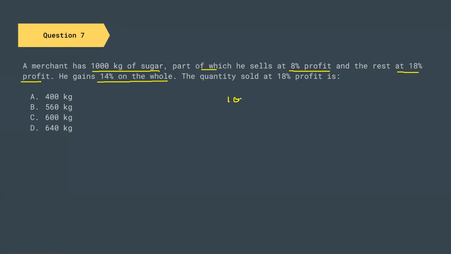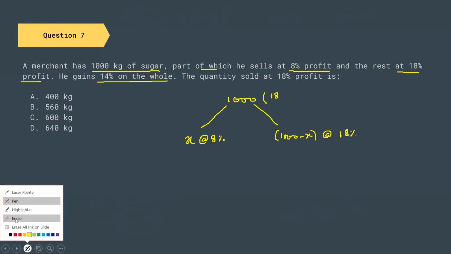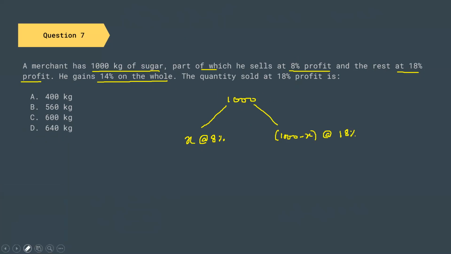So this merchant has 1000 kg of sugar and he sells X at 8% profit, and he sells 1000 minus X at 18% profit, and overall he earns 14% profit on 1000 kgs.